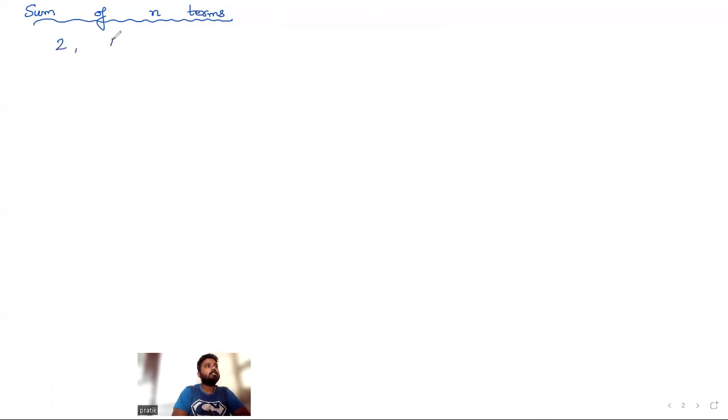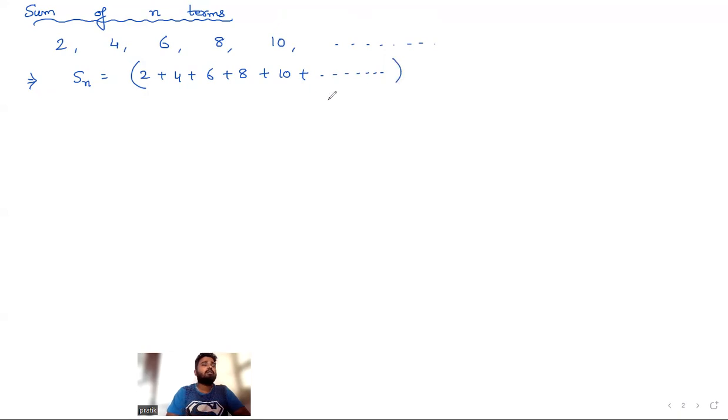This is the series 2, 4, 6, 8, 10, and it goes on. If I have to find the sum, S of n terms, it basically means 2 plus 4 plus 6 plus 8 plus 10, correct? And it goes on, till n number of terms.